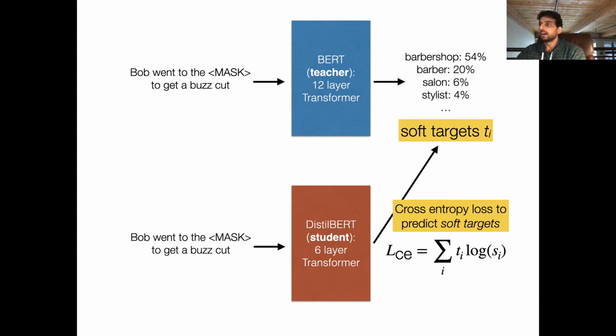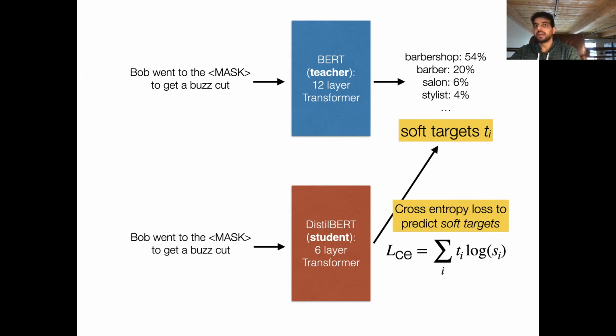All right, even though soft targets are more informative, are we expecting our small model with lower capability or capacity to be able to be trained equivalently to a larger model? Yeah, so this is a good point. No, we don't expect it to be perfectly able to predict these probability distributions, but that's not our goal here.